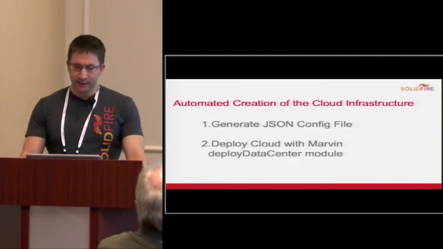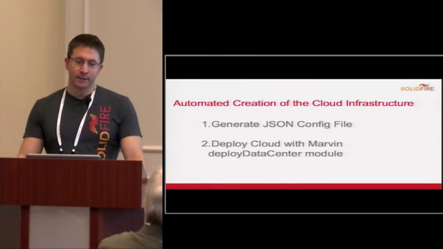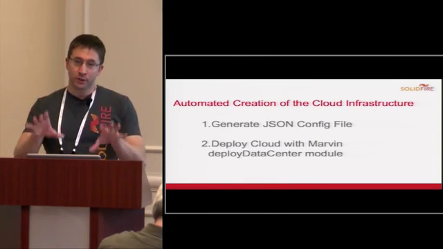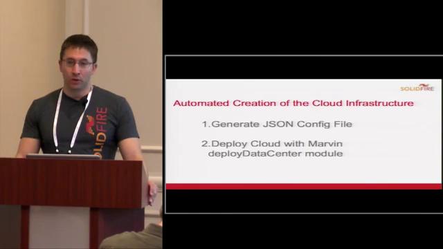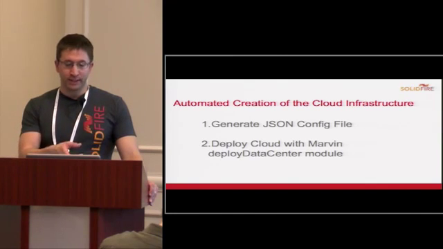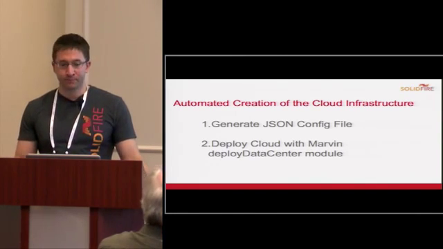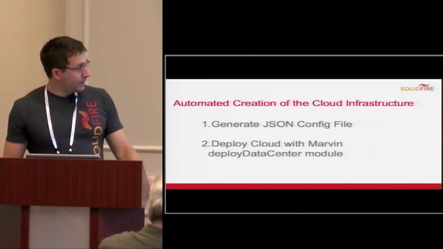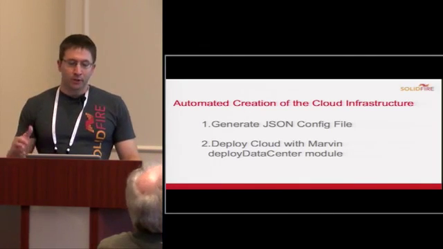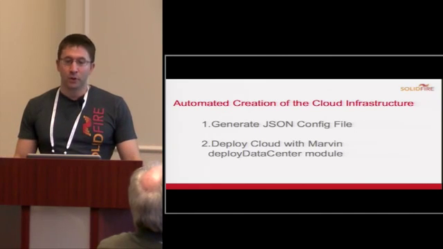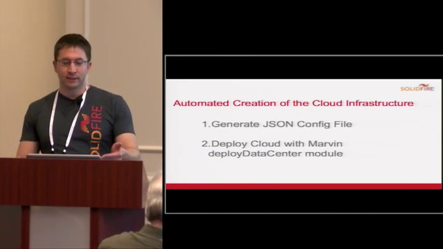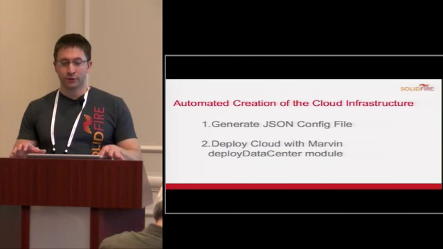Obviously, I replaced it now with a JSON configuration file, which describes the cloud that I ultimately want the deploy data center module to create for me. So just a reminder again, deploy data center is just a part of the Marvin code base, and this takes in JSON input that describes your cloud.